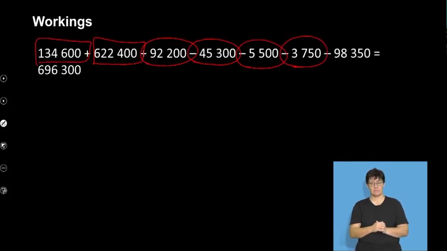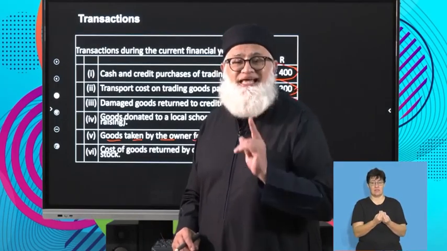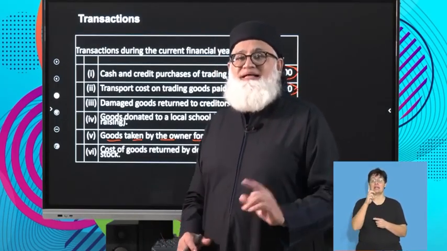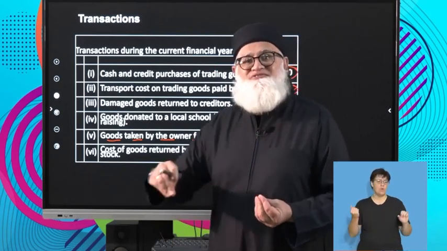Then the next part of the question said, the cost of goods returned by debtors taken into stock. Okay, now watch this here. The cost of goods returned by debtors, that particular item there is your debtors allowances. Now remember, debtors allowances is not going to impact on my cost of sales.